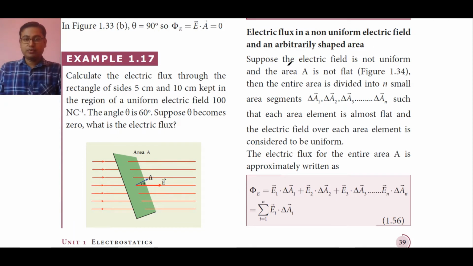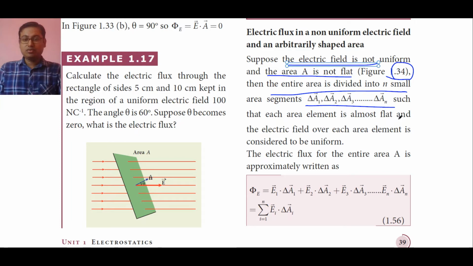Suppose the electric field is not uniform and the area A is not flat, as given in figure 1.34. We will see it later. Then the entire area is divided into n small area segments, del A1, del A2, del A3 up to del An, such that each area element is almost flat and the electric field over each area element is considered to be uniform.